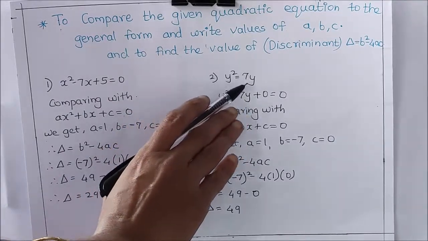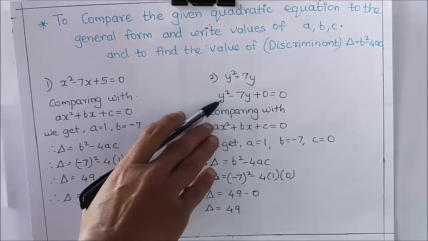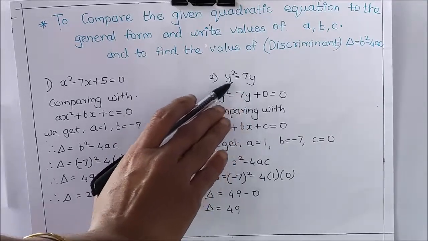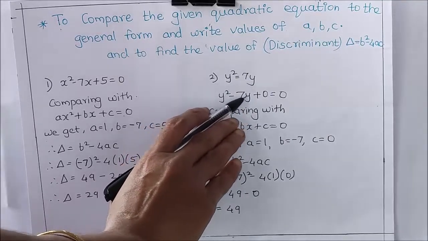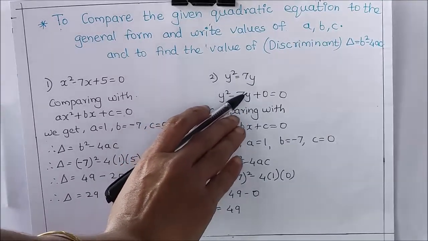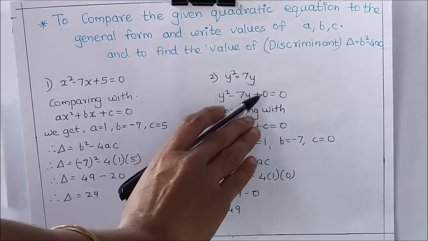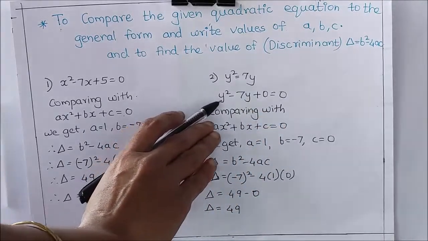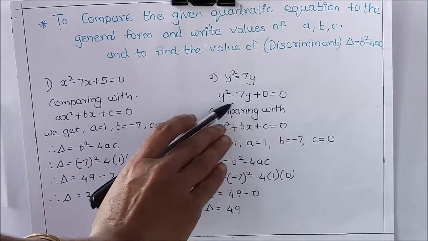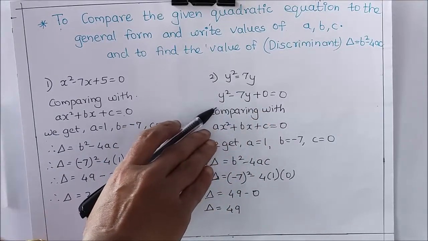In the second example, y square equals 7y. We convert it into general form. When we shift it to the left hand side, plus 7y becomes minus 7y. So y square minus 7y plus 0 equals 0 is our general form of quadratic equation.